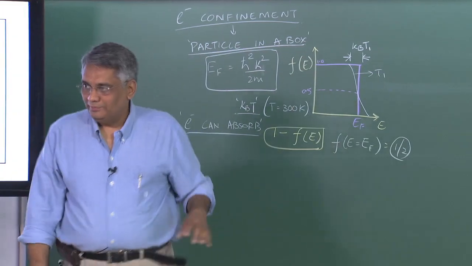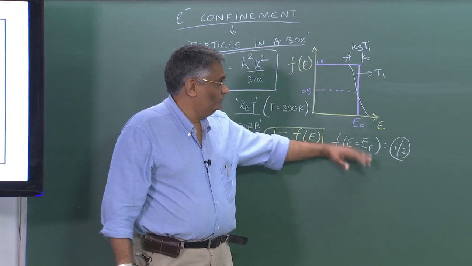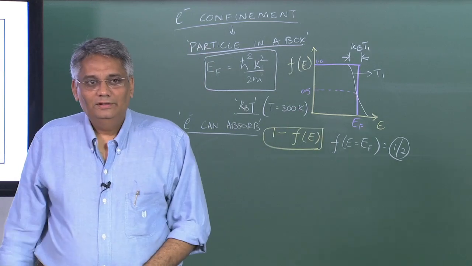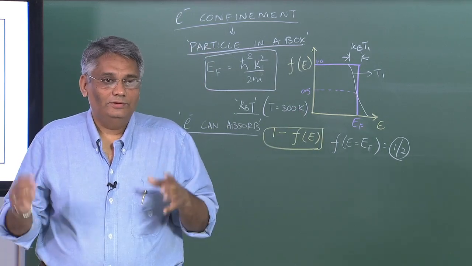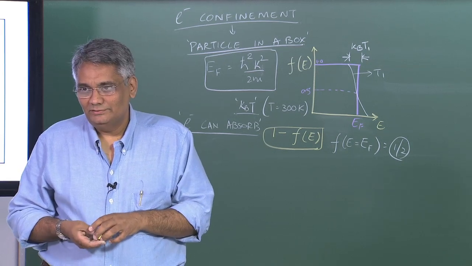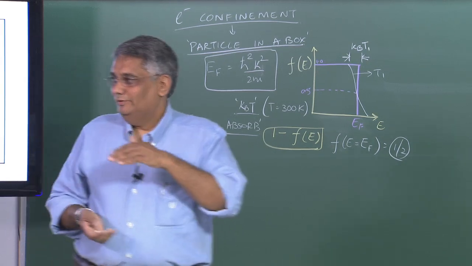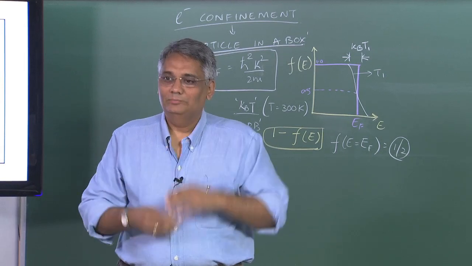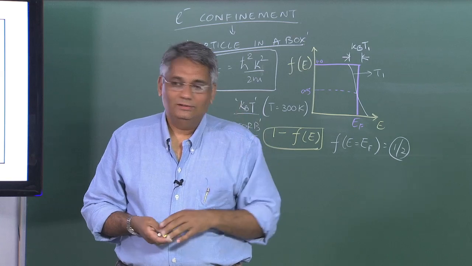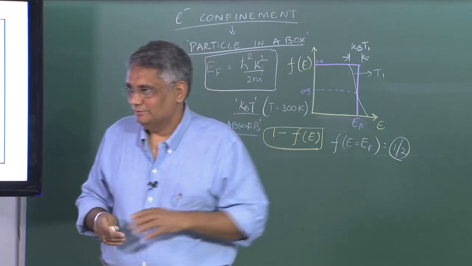no matter what the temperature is, the probability of occupancy at the Fermi level is always half. So, this is the reason why even for conventional intrinsic semiconductors, we always show the Fermi level in the middle of the band gap between the valence and conduction bands, just by convention.